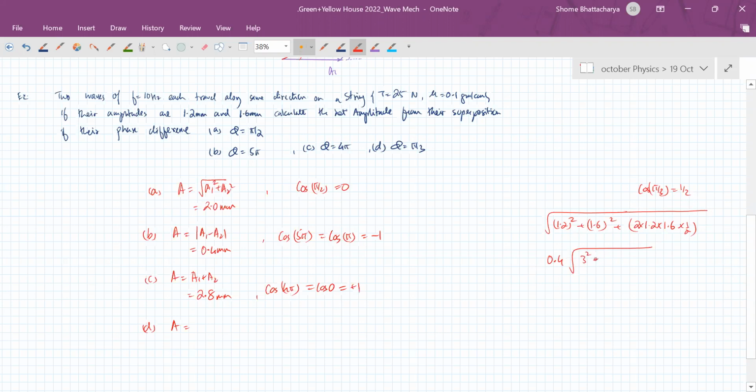So 3, 4 is 12. 0.4 into 25 plus 12, so 37. So 0.4 root 37 should be nearly, now root 37 we can write as square root of 36 plus 1, or 36 plus 1 to the power half. That is 6 into 1 plus.